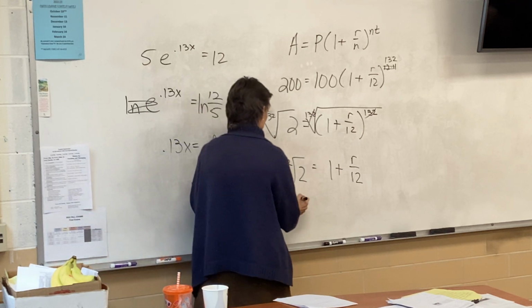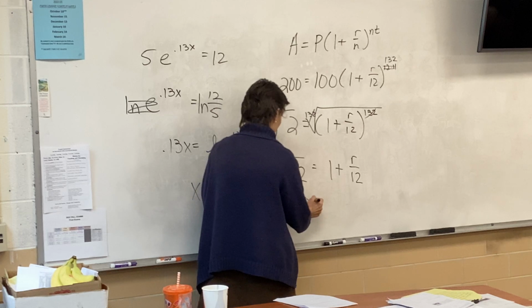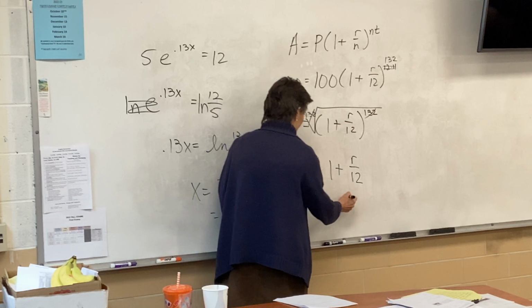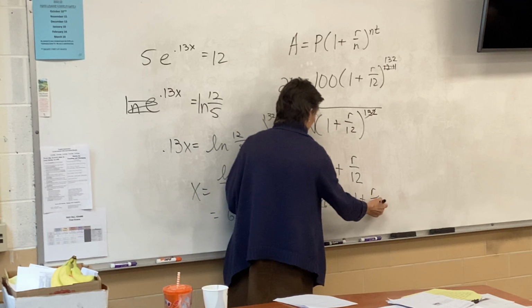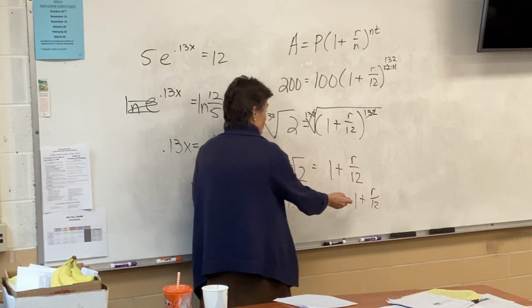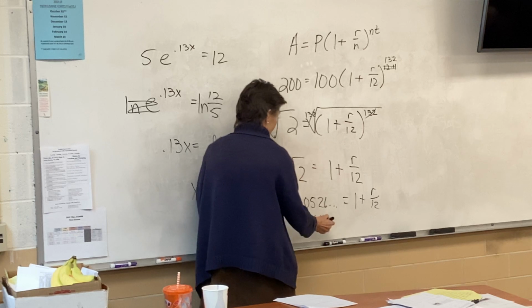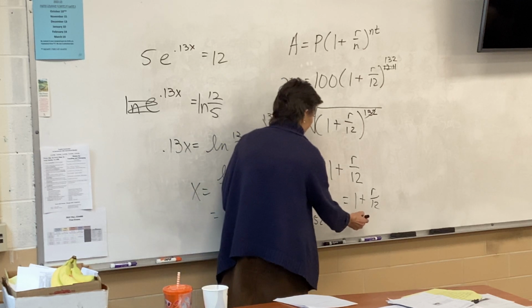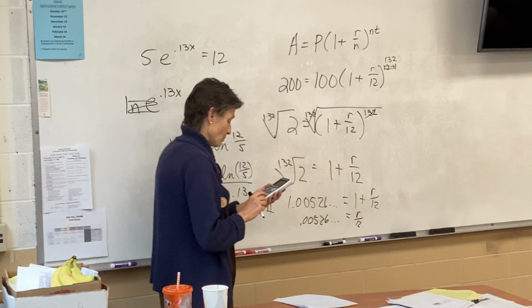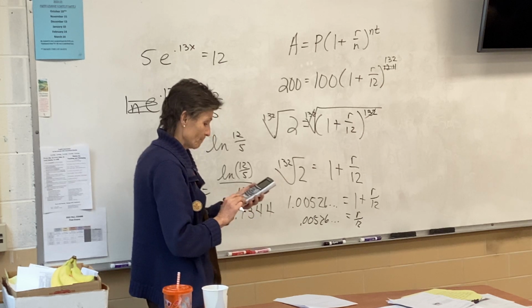Times 12. Okay, not yet. Not yet, Scout. If you're gonna solve this equation, you're not gonna times by 12 first, you're going to subtract 1 first. And then you will times by 12. So I'm gonna subtract 1, times by 12.